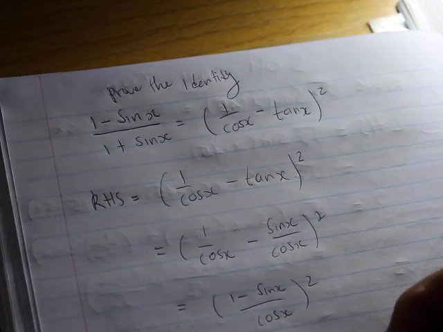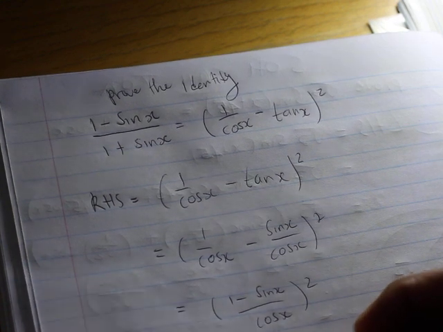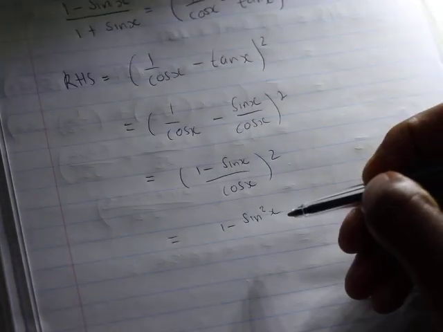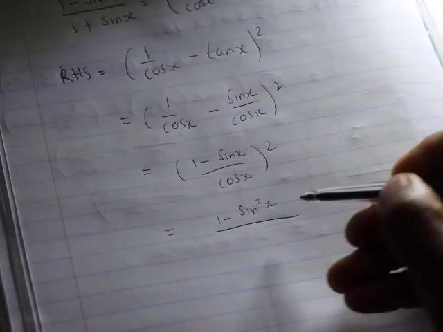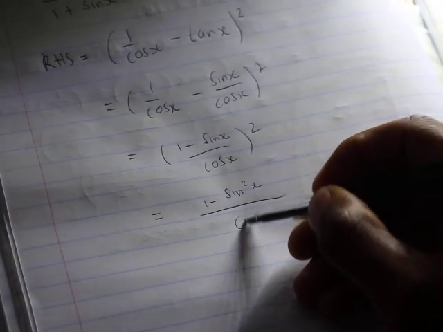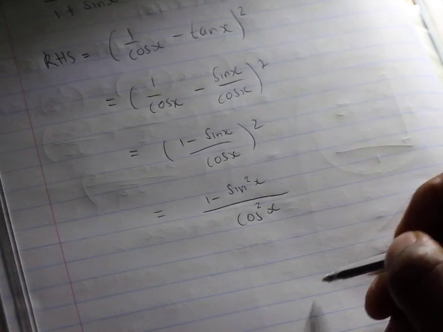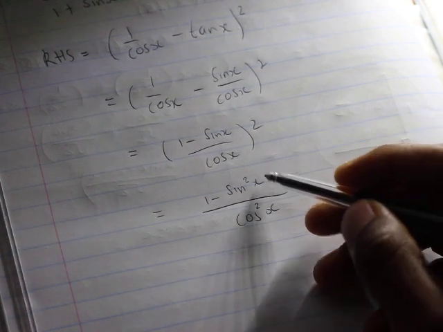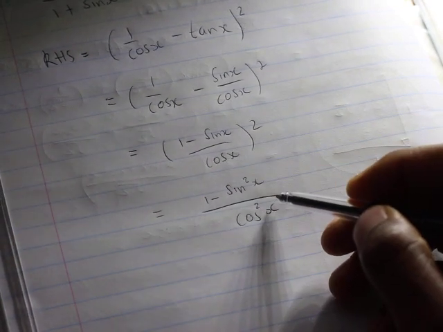We apply the laws of exponents. We know this is going to become 1 minus sine squared x divided by cos squared x. The square is out because everything is squared now.